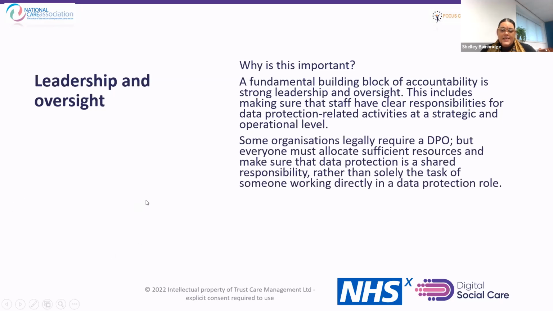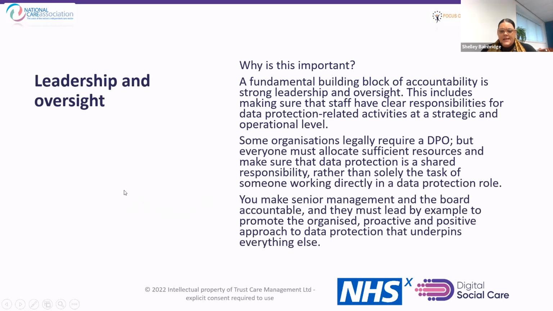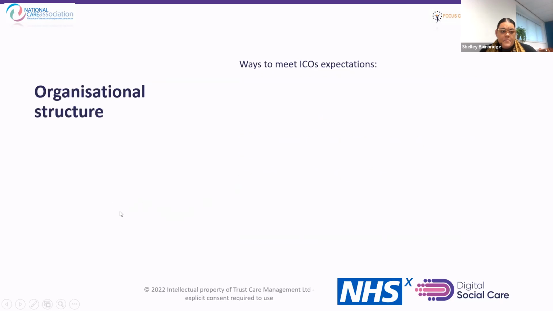Some organisations legally require a DPO, but everyone must allocate sufficient resources and make sure that data protection is a shared responsibility, rather than solely the task of someone working directly in a data protection role. You make senior management and the board accountable, and they must lead by example to promote the organised, proactive and positive approach to data protection that underpins everything else.